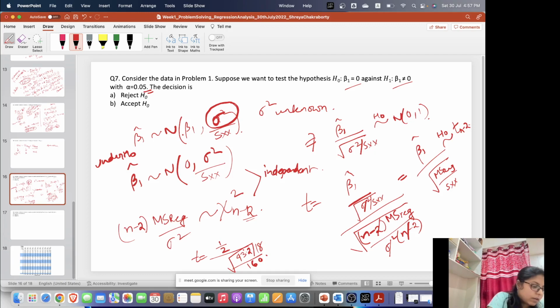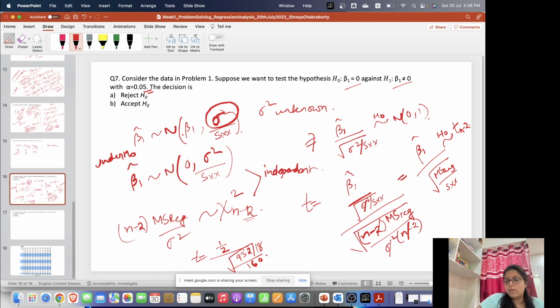This comes out as what? 0.4 divided by 160 square root of, and 0.5 divided by 0.12.